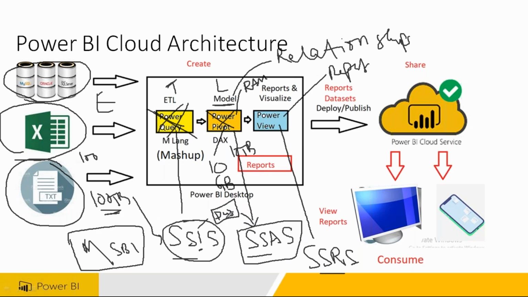We extract the data, load it into a data warehouse, and from the data warehouse we create a lot of data modeling. Later we may create SSRS reports, or only visualizations. We don't perform ETL operations with Power Query, and we don't do the modeling with Power Pivot. We use SSAS to model the data.